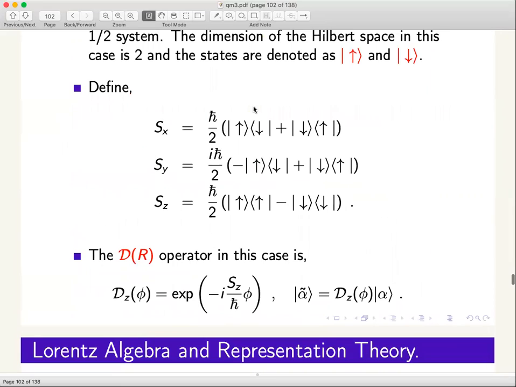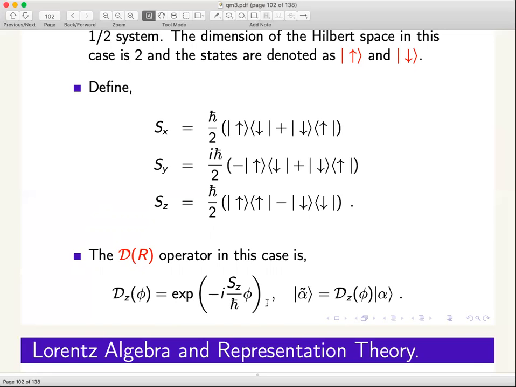Suppose you look at this, then between the new alpha state, there is a D dagger Sx D sandwiched in between. That is the same as exponential i Sz phi by h bar, then Sx, then e to the minus i Sz phi by h bar, sandwiched between alpha states.